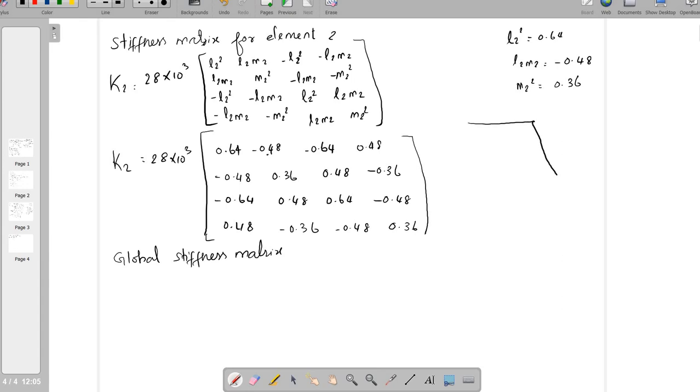I am naming the displacements U1, U2, U3, U4 and U5, U6. Element number 2 connects U1, U2, U5, U6, or simply 1, 2, 5, 6.